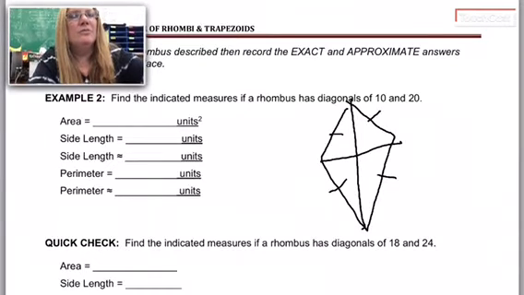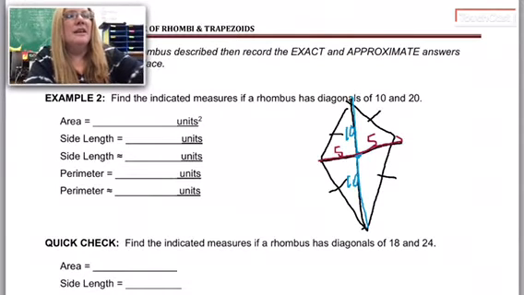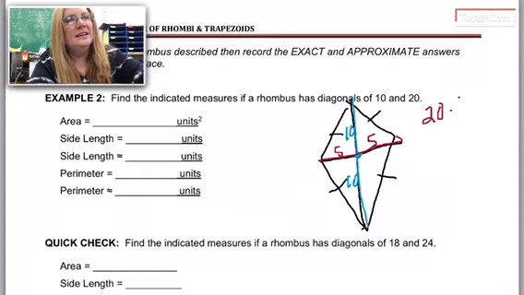So let's see. We'll make the long one 20, and of course I could say 10 and 10 because we know this is a bisector. And if the other one is 10, this would be 5 and 5. Okay? So to find the area, it is the diagonal 20 times the diagonal 10 divided by 2.